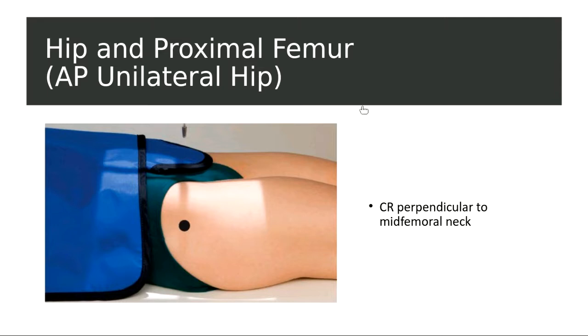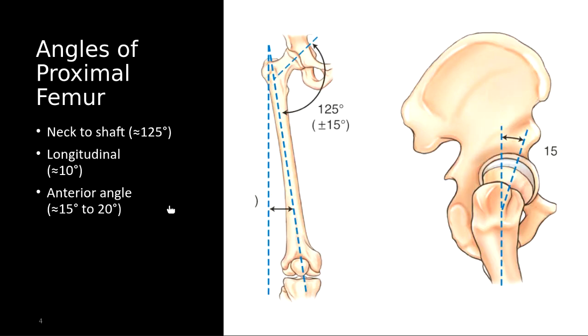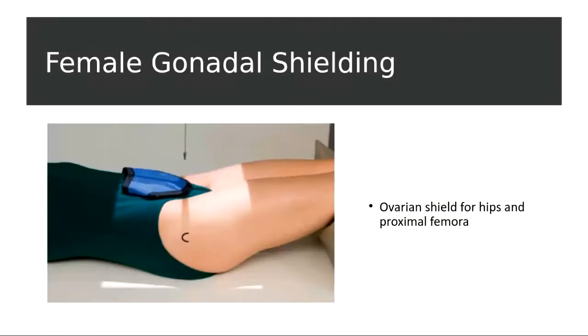Now at this point, with the proximal femur, we have to internally rotate the leg 15 to 20 degrees. Remember we said we're trying to rotate that leg in so that the femoral neck becomes parallel to the IR. So this is where that 15 to 20 degree rotation comes in.